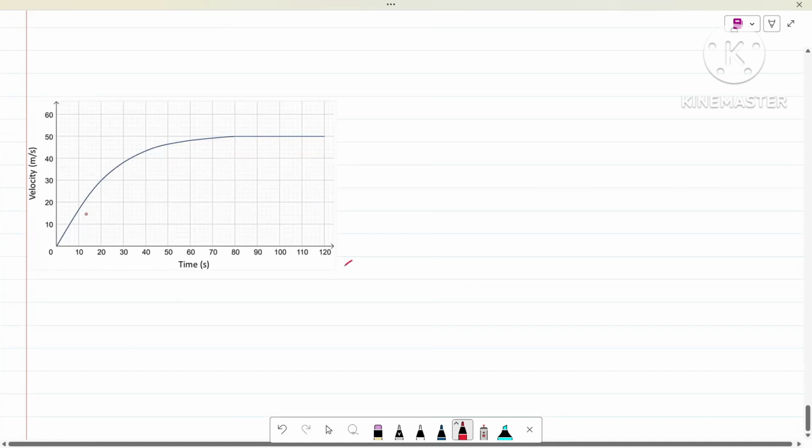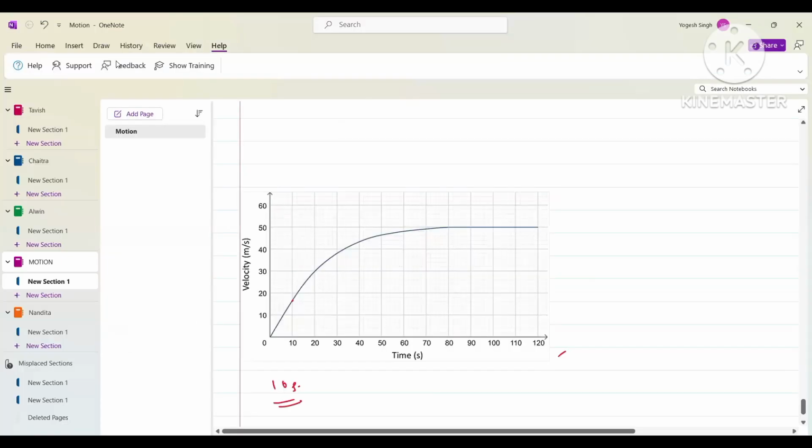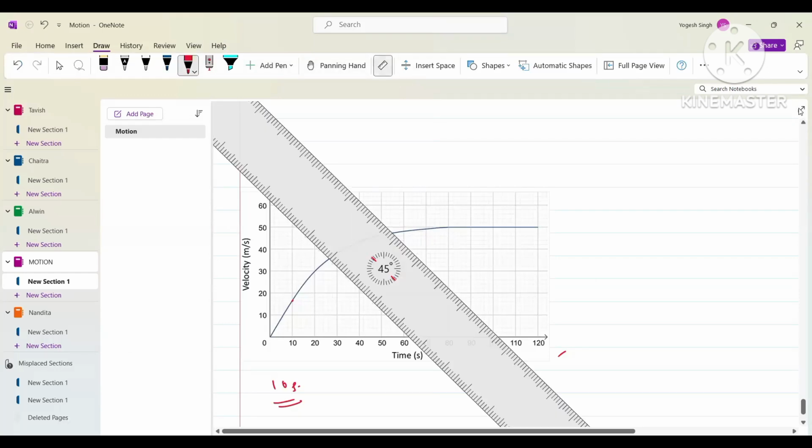Let's say, if I ask what is the acceleration at time 10 second. So at time 10 second, first of all, we will check whether the graph is a straight line or not. So let me check with the help of this ruler. Okay.